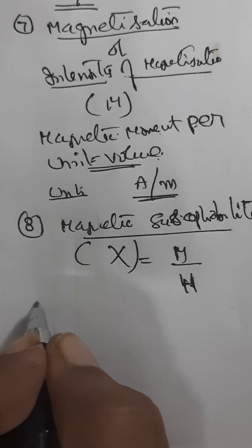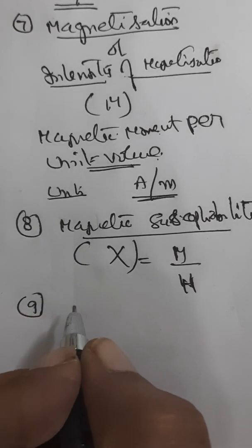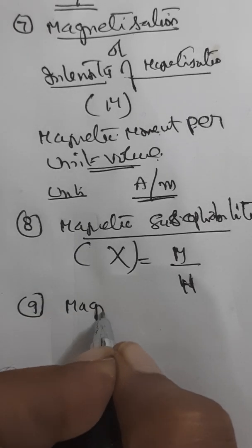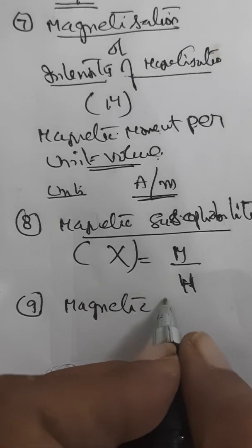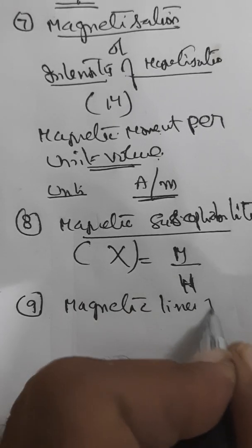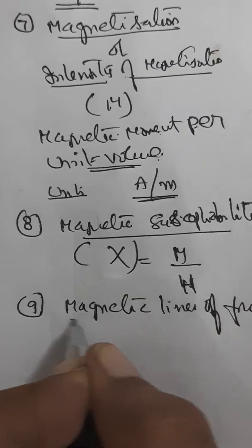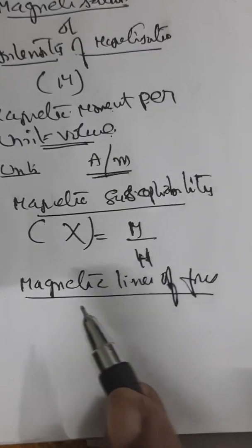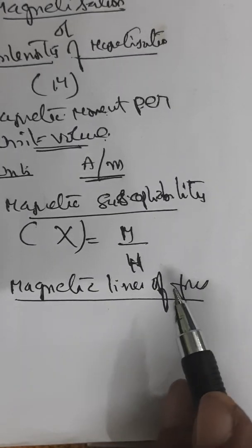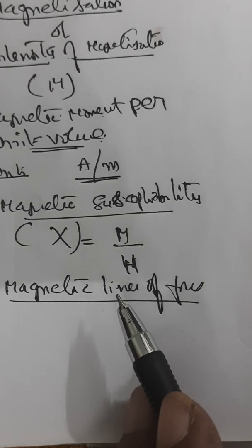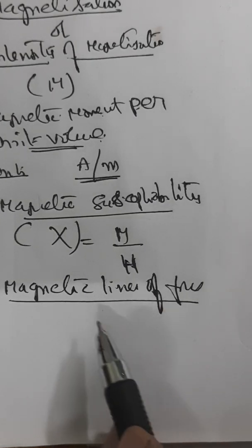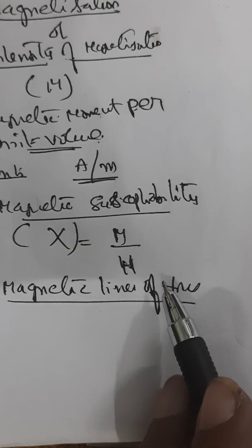Now, of course, I have already shown you that you are also familiar with magnetic lines of force. I am not stressing much about this because right from childhood you are familiar with lines of force. Magnetic lines of force are nothing but the magnetic field characterized by these lines of force.